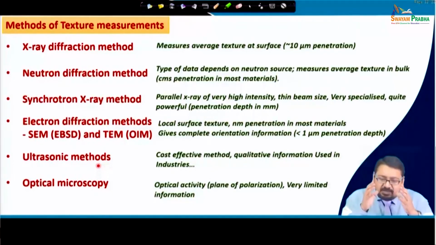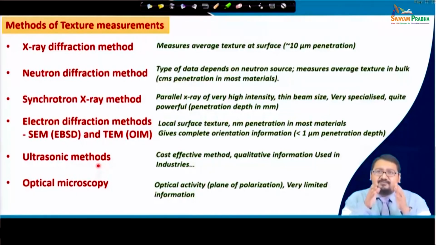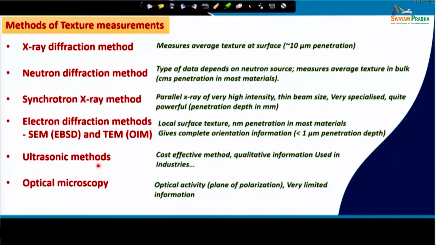So, you see, plane polarized light, if you use it in an optical microscope, can deflect the light in such a way that in several grains it can produce different shades of color, indicating that the crystal structure on the plane is slightly different and thus indicating a change in the texture.